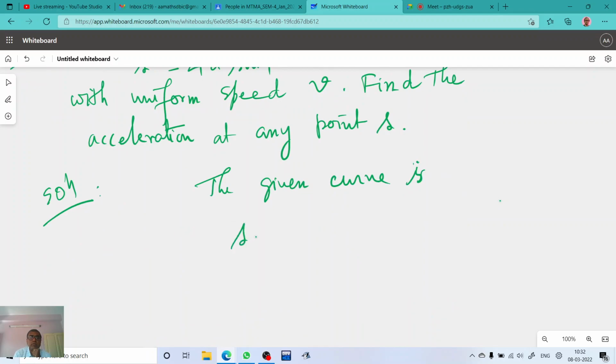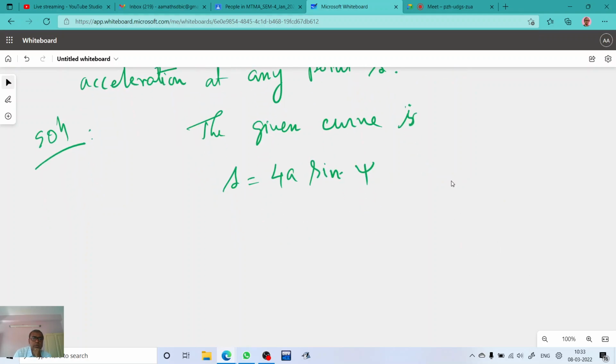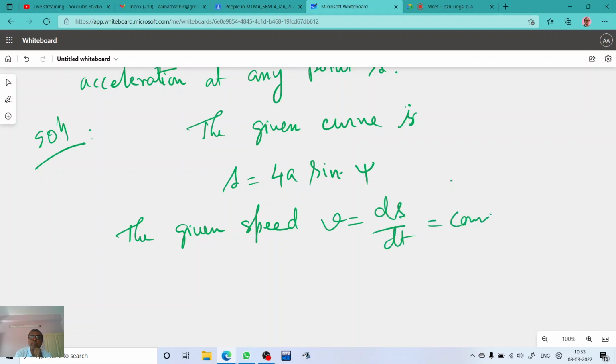s equals 4a sin psi. The bigger questions will need figures. s equals 4a sin psi, and the given speed v is equal to ds dt, which equals a constant.